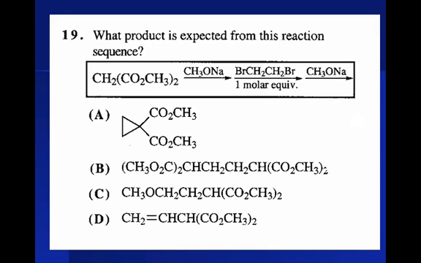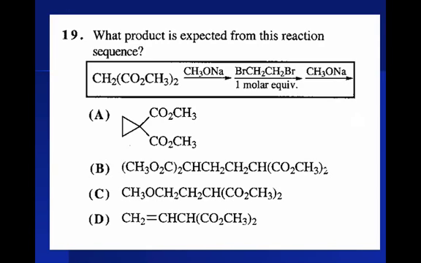Karina. It's going to remove one of these hydrogens. Yeah, why is it going to remove one of those hydrogens? Because they're acidic, right? So we're going to get an enolate. What's going to happen in the second step? I'm going to make a carbon-carbon bond, aren't I?